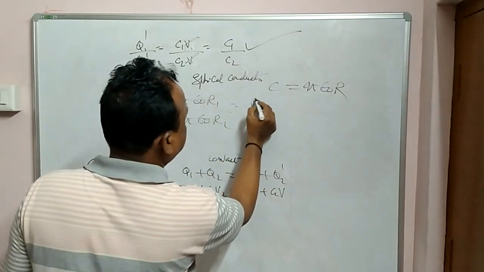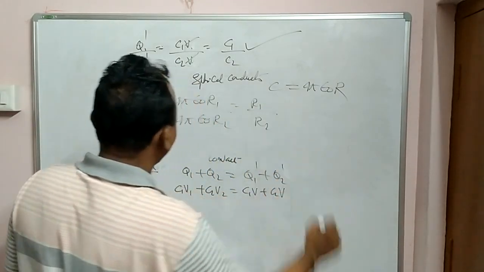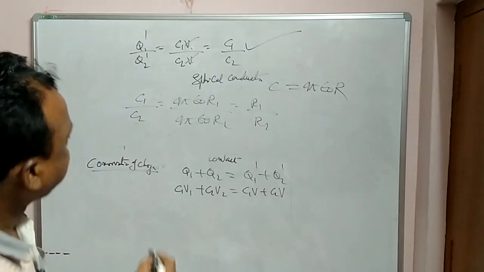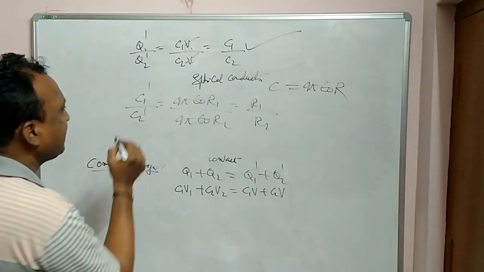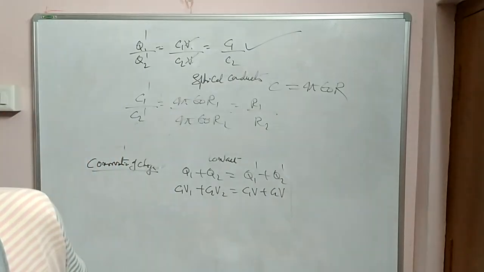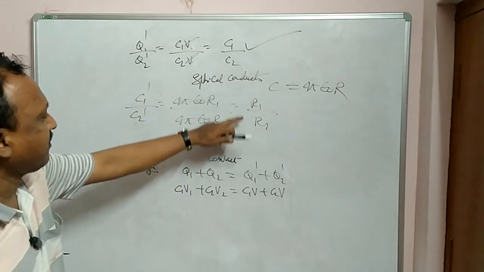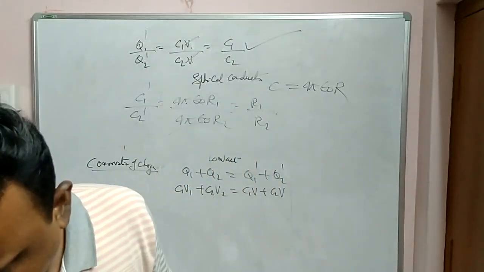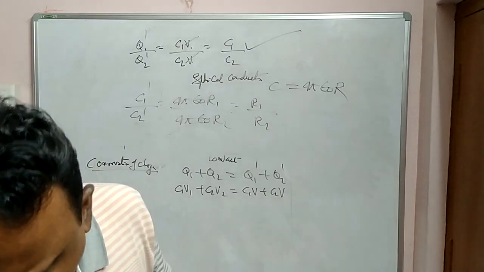So what is the value? R1 by R2. So those are the values for C1 by C2, that is C1 dash by C2 dash for spherical conductors. Clear? C1 dash by C2 dash is equal to R1 by R2. Please try to remember all this value. These are very, very important in solving the problems.